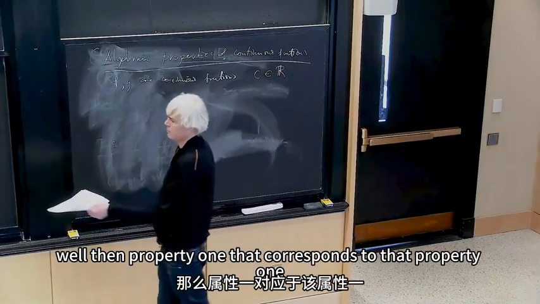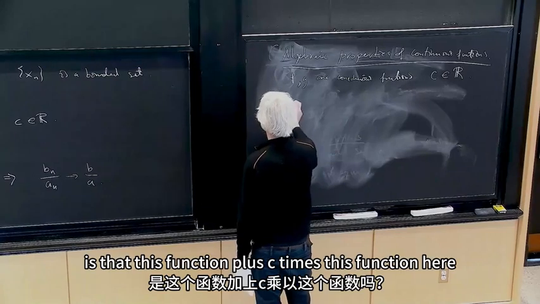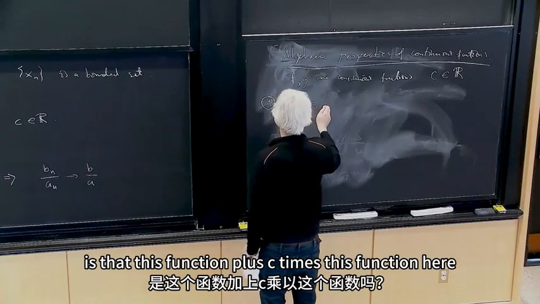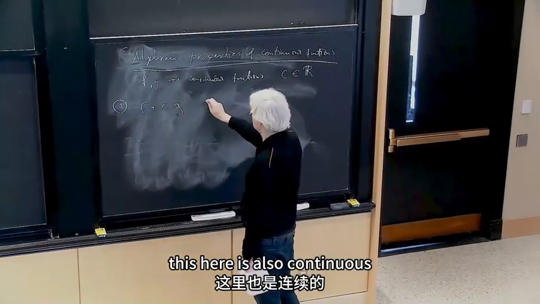Property 1 is that f plus c times g is also continuous. Then property 2 is that f times g is also continuous.